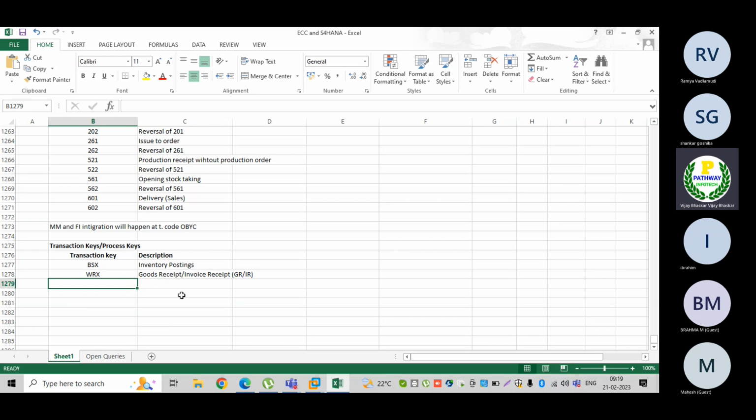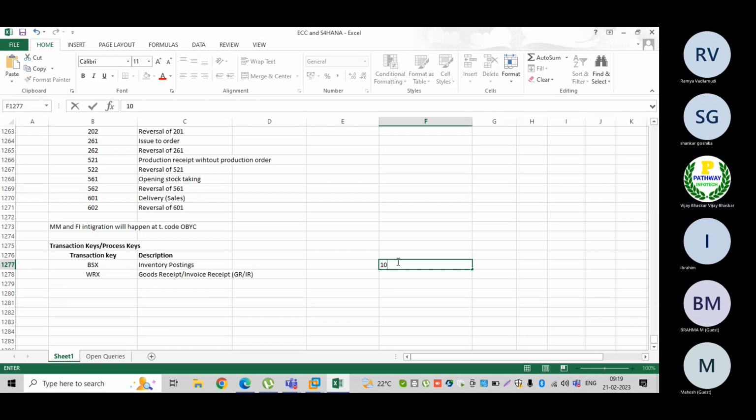Let me explain here itself. Let us take 20th of February 2023. What we have done is placed the order, created a purchase order.